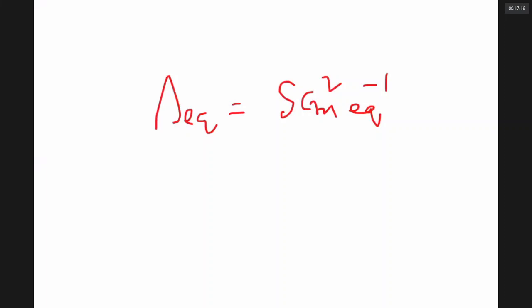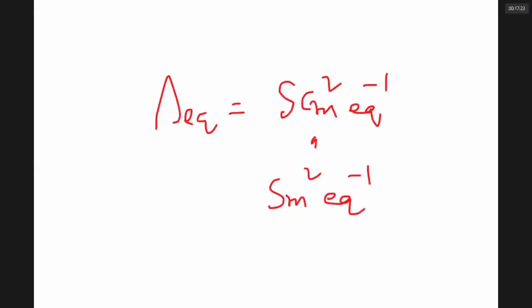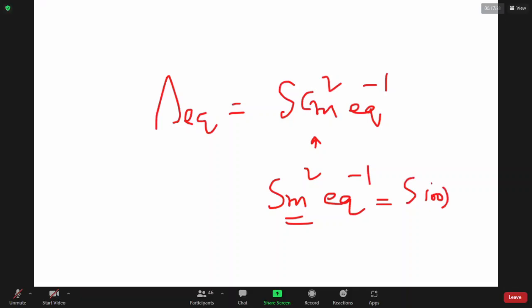Please remember, Siemens meter square per equivalent can be converted into this. How? Every meter is equal to 100 centimeters, so it is equal to Siemens 100 into 100 centimeter square per equivalent. Can you see it, sir?